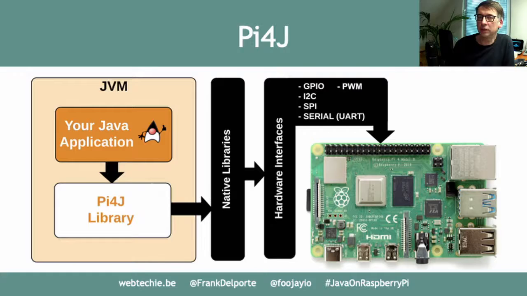It's a Maven dependency that you can include in your project, but under the hood it will talk with native libraries to really interact with these GPIOs. So on one side you have the Java, the thing you know already as a Java developer and that you know how to use. And on the other side you have the native libraries which are part of this library and which will interact with the GPIOs and bring the data from one side to the other side.